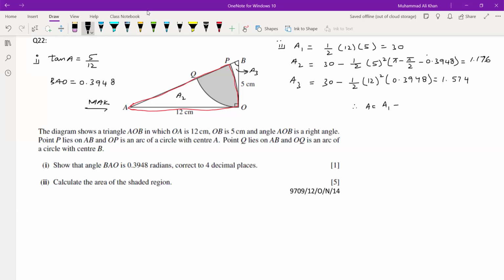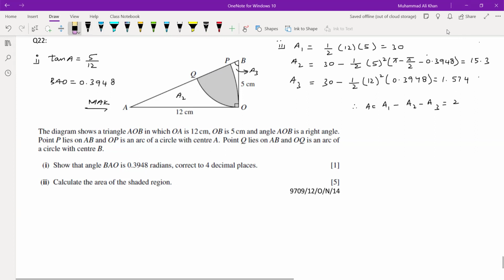Therefore, the final answer is: from the triangle subtract area 2 and area 3. So what is the final answer? But there is confusion in the calculation of area 2. It is 15.3.